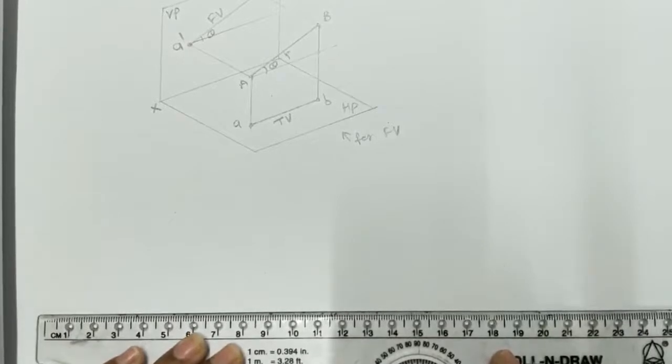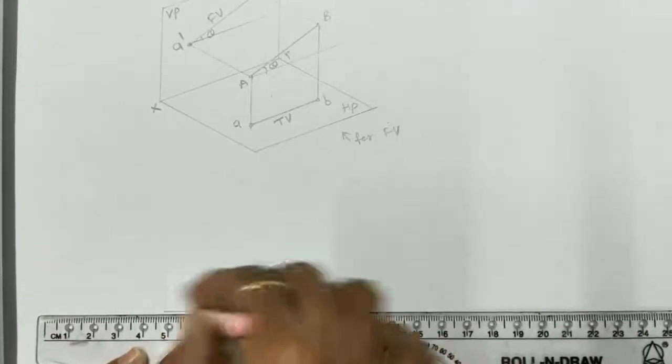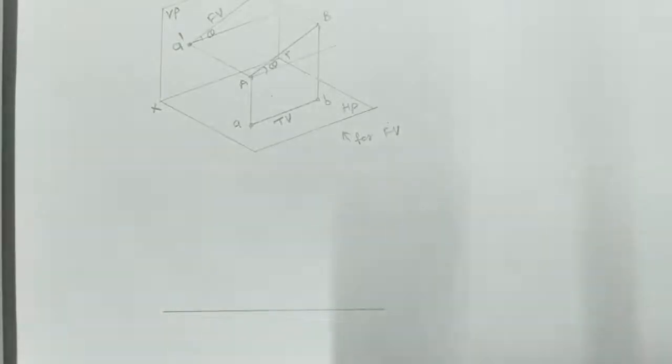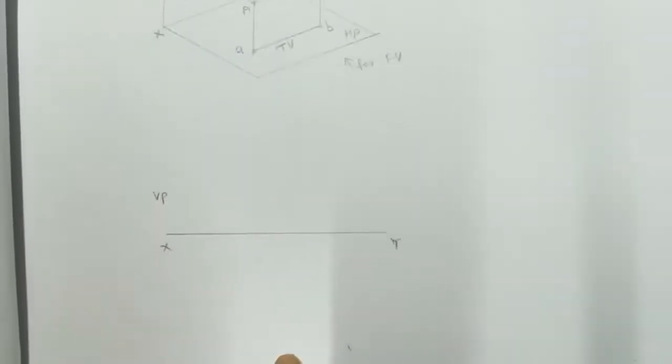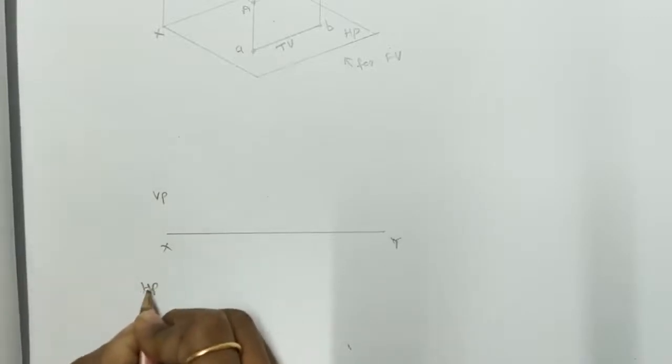For this, draw this horizontal line X and Y. Above it is VP and below the XY line is HP.